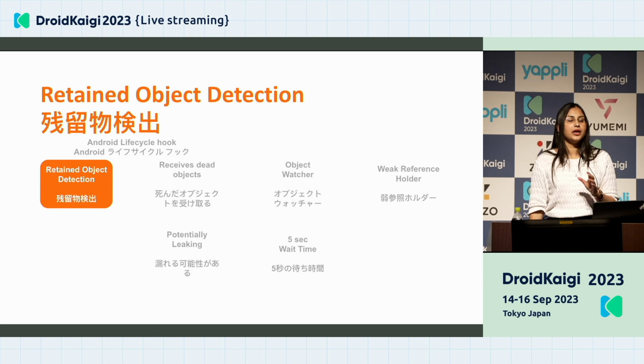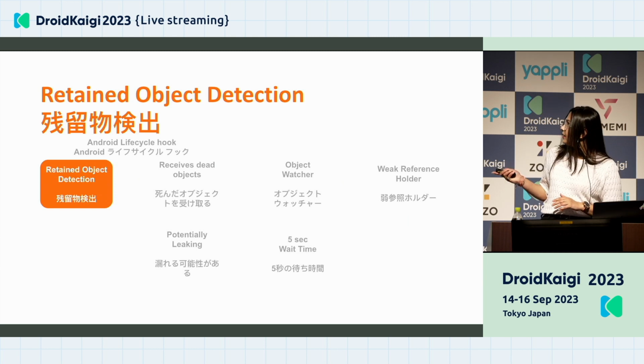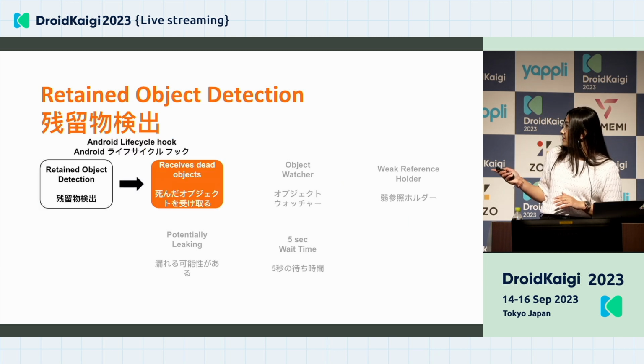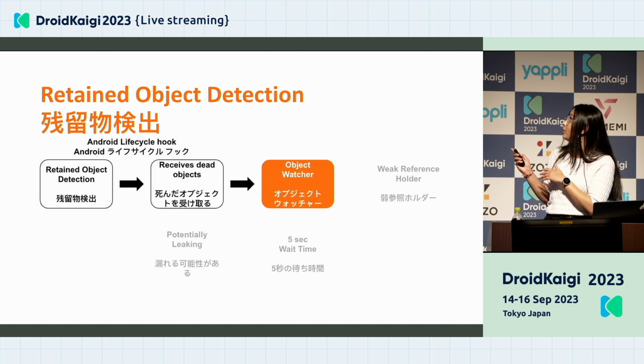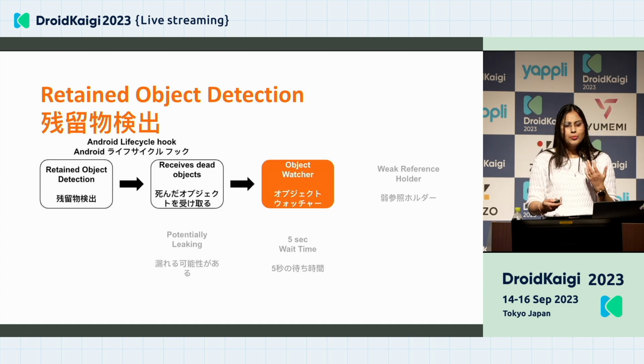LeakCanary hooks into the Android lifecycle to automatically detect when activities or fragments are getting destroyed. And ideally, they should be garbage collected. So these destroyed objects are received and passed to the object watcher. Object watcher is holding weak references. So there could be references like activity destroyed, fragment destroyed, or view model cleared, right?